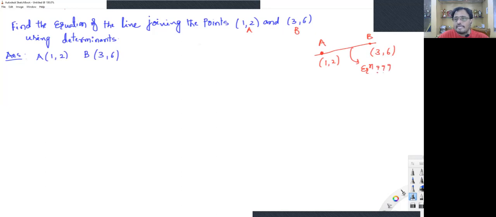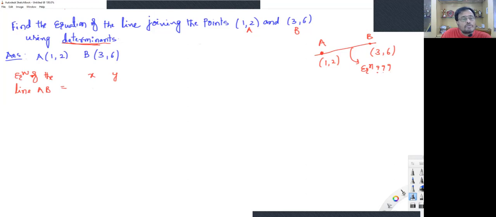Already we know by geometry how to find the equation of a line passing through two given points by using two-point form. But in this question, it is strictly asked to find the equation of the line by using determinants. So the equation of the line AB is equal to, what is the formula I told you? In this, first row, x y is fixed.